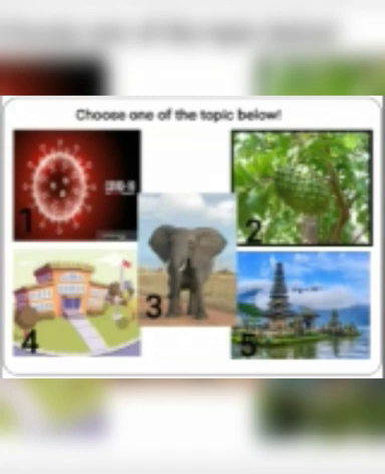And then the third picture, there is an elephant. And the fourth picture, there is a school. And the last picture is Bali. You can write a report text about these topics.